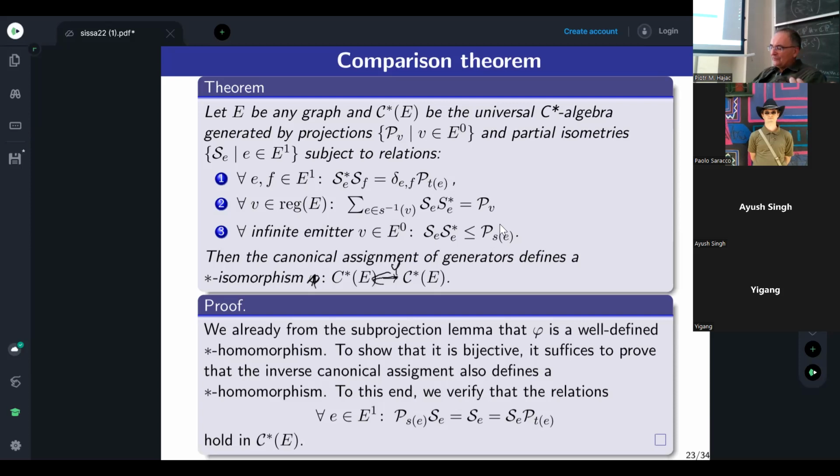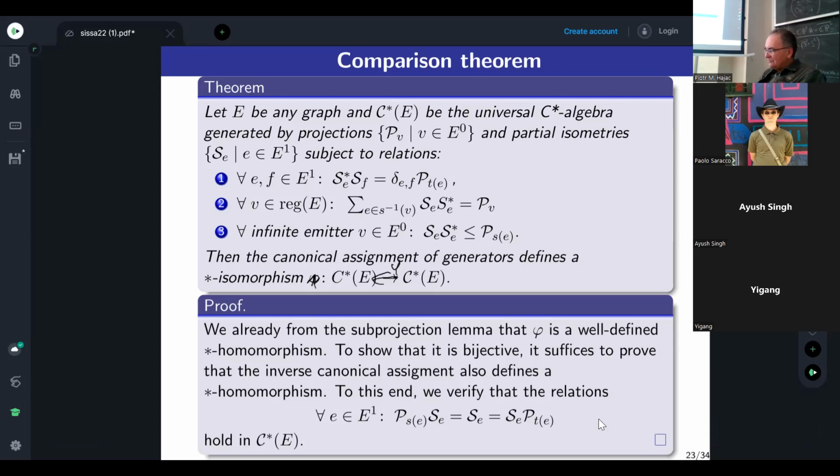Now, in order to prove that this is actually a bijection, I must prove that the inverse canonical assignment on generators is also a well-defined star homomorphism. So the only thing I have to prove is that the missing relations are satisfied. And the only missing relations in this calligraphic C*-algebra are those coming from the path algebra, because everything else is satisfied. Number 3 is satisfied, number 2 is satisfied, number 1 is satisfied.